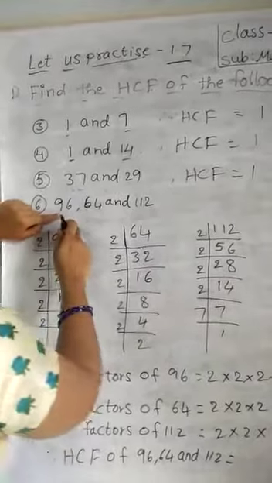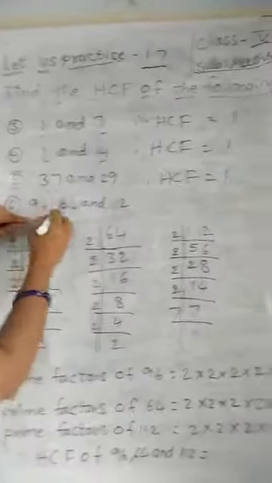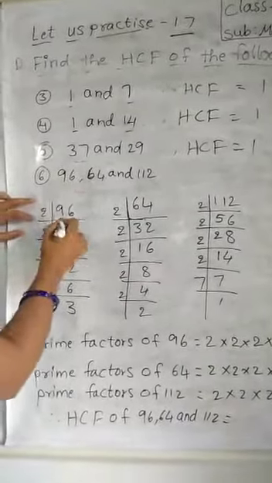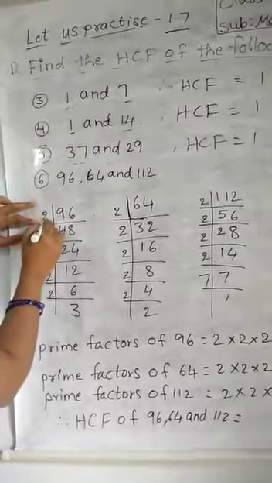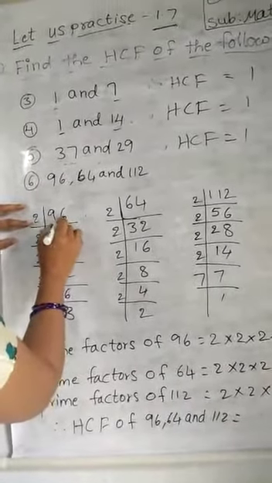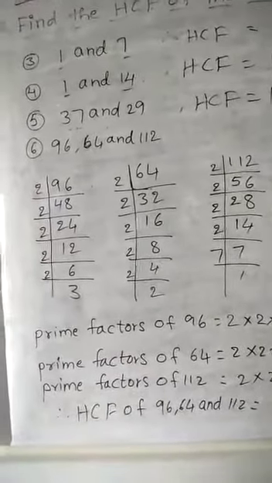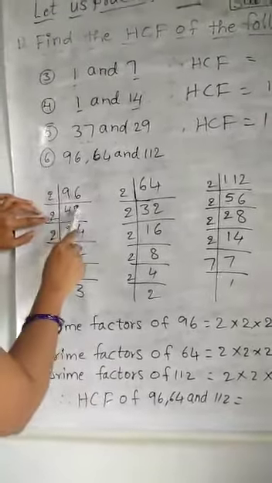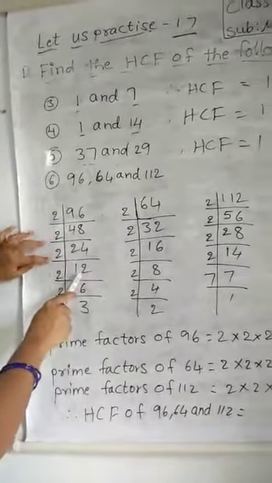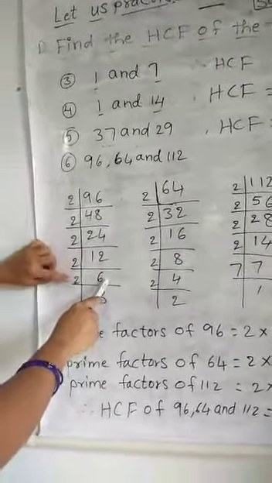Next, the sixth question. Find the HCF of 96, 64 and 112. These are composite numbers, so we have to use the prime factorization method. First, 96 is divisible by 2. How many times? 2 8s are 16, so 48. At the same time, 48 is also divisible by 2. 2 divides 48 24 times. 2 divides 24 12 times. 2 divides 12 6 times. 2 divides 6 3 times.